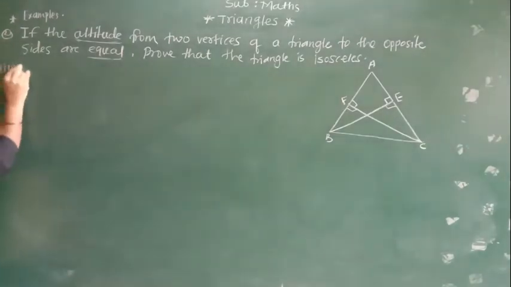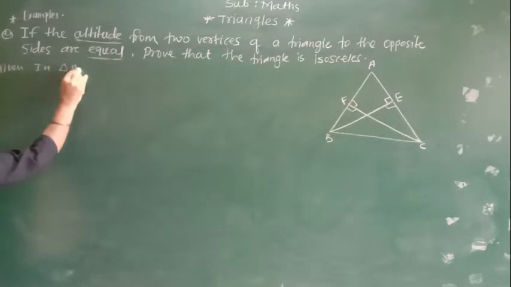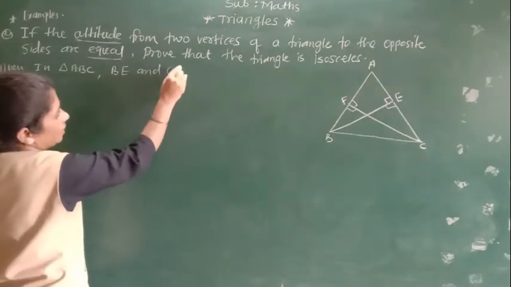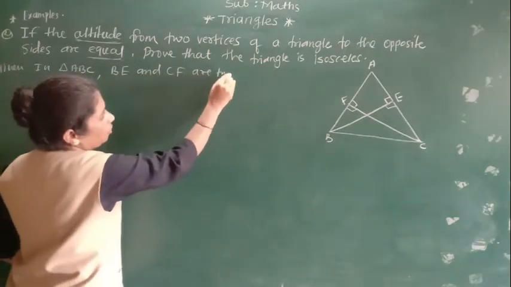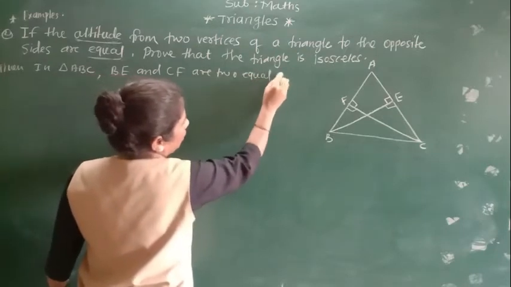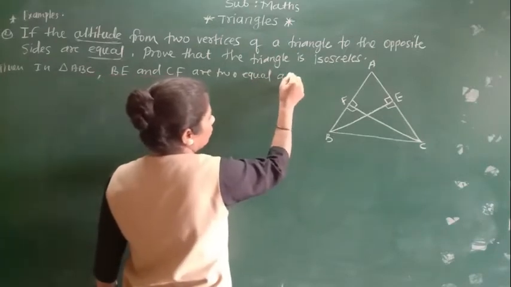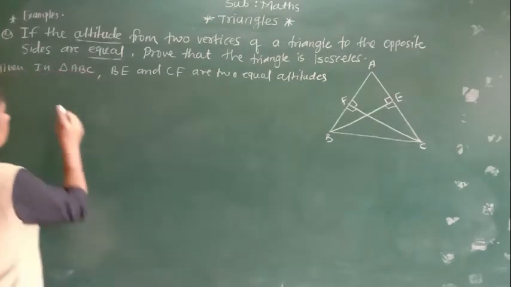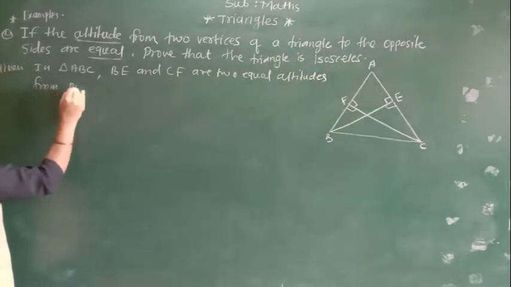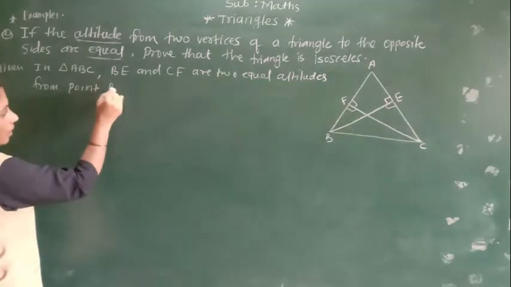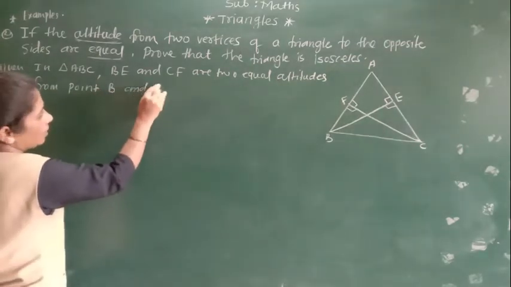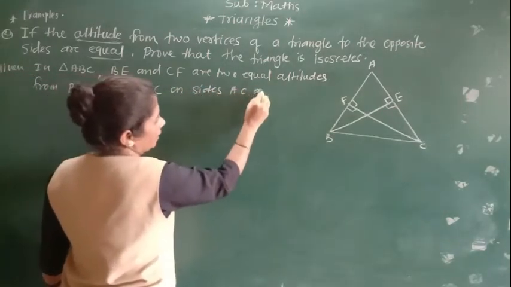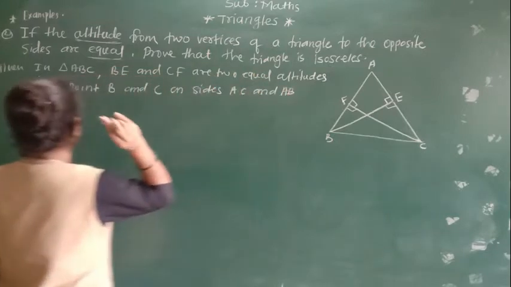Given: in triangle ABC, BE and CF are two equal altitudes from points B and C on sides AC and AB respectively.